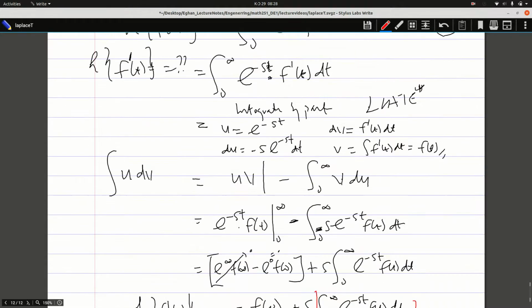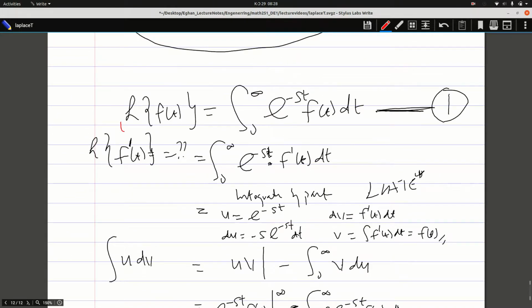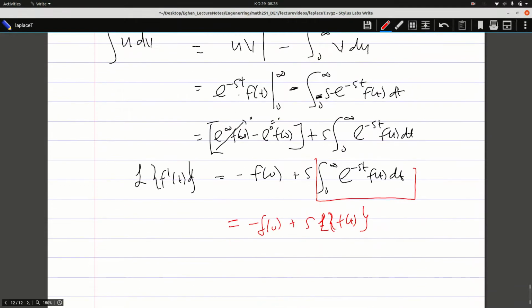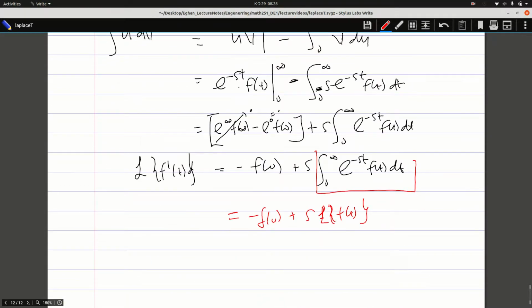So I just do a substitution into that. Let me rewrite this: the Laplace transform of the first derivative is equal to s times the Laplace transform of f of t, minus my function at 0. So this is equation 2.